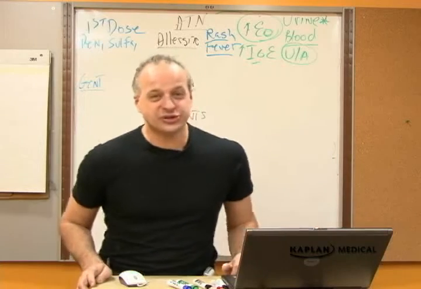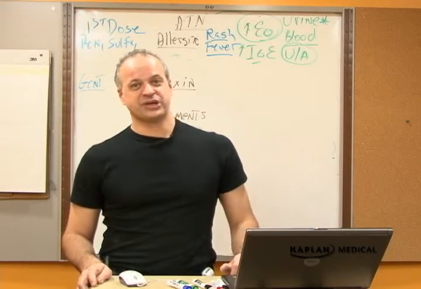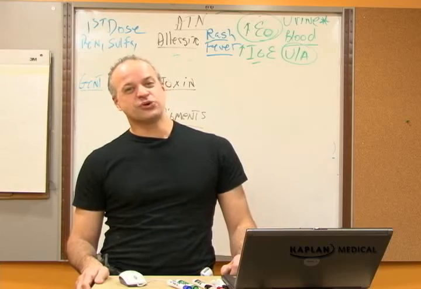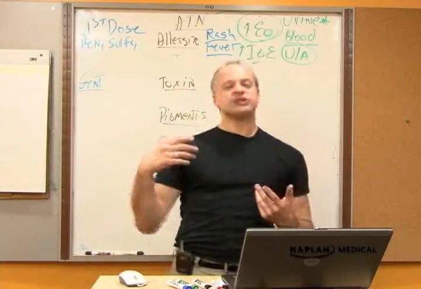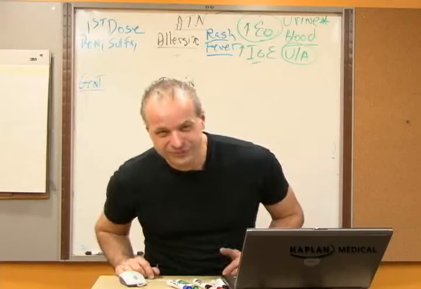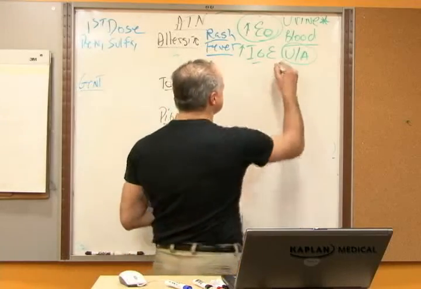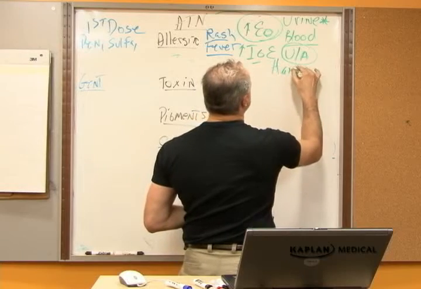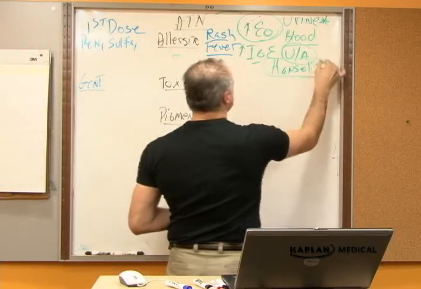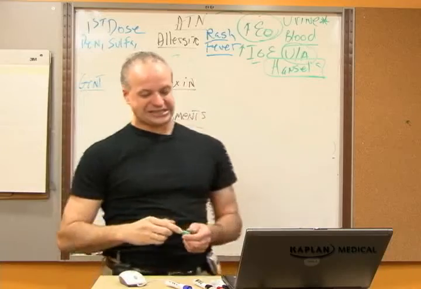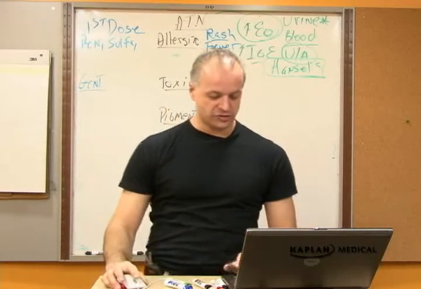Just because you never heard of it doesn't make it wrong. As we say in the review course business, you cannot review what you never knew. So Hansel's test, as in Hansel and Gretel. Hansel's or Wright stain is the test to look for eosinophils in the urine.